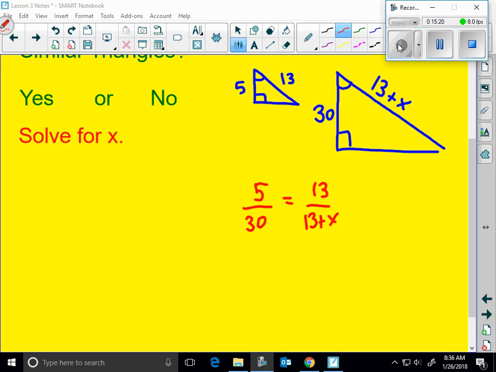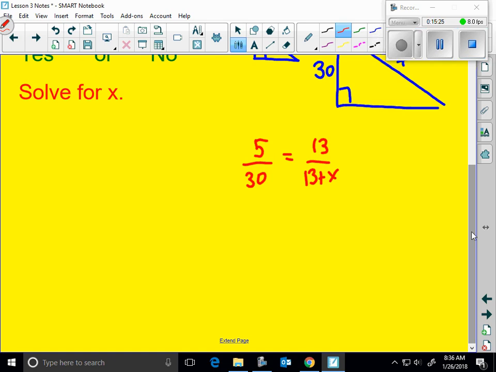All right, so Sammy is going to do some work here. I'm going to annotate and just be her. Sammy, you're up. So Sammy's going to cross multiply. So 30 times 13 is 390. Perfect. And then she's going to write this out with 5 on the outside of the parentheses so that we can see it being distributed. 5 parenthesis, and then 13 plus x on the inside.